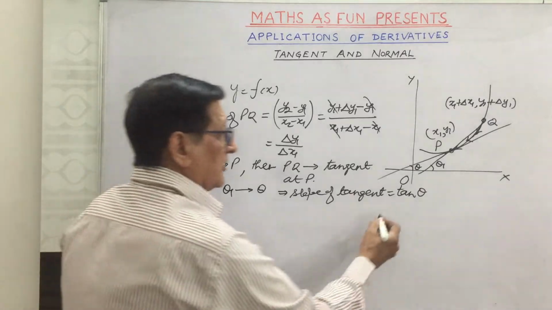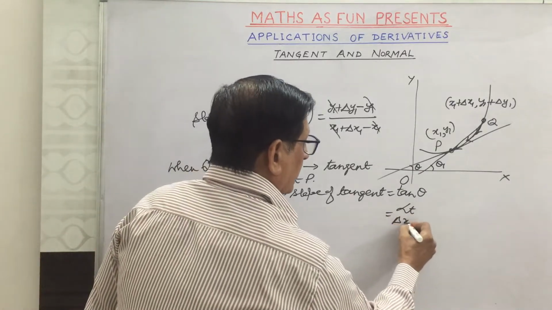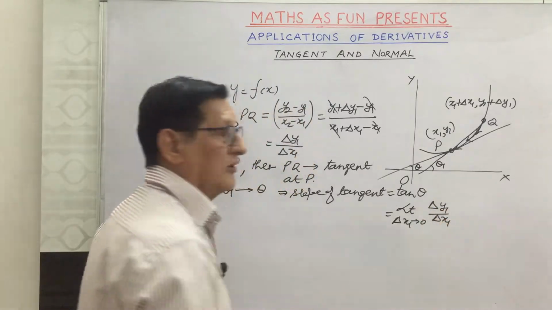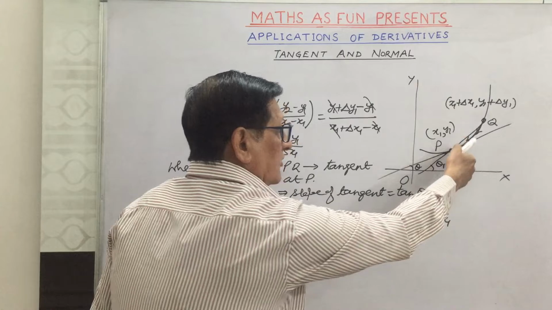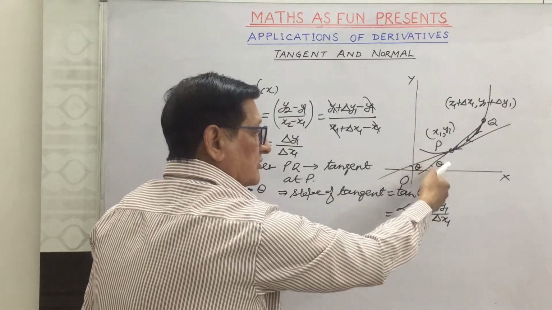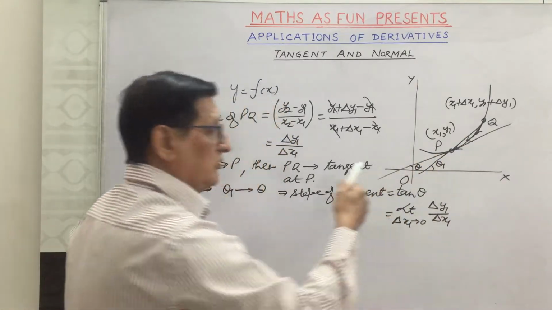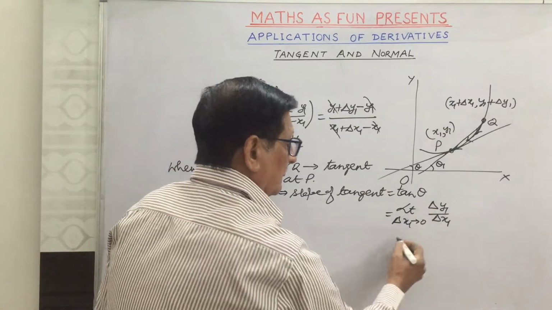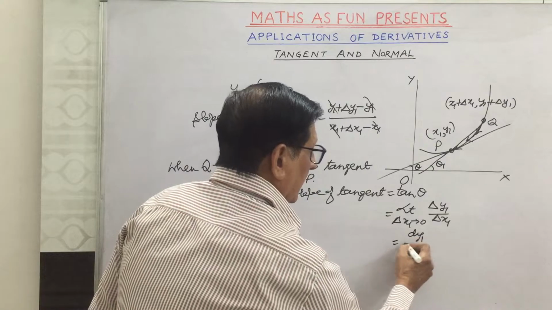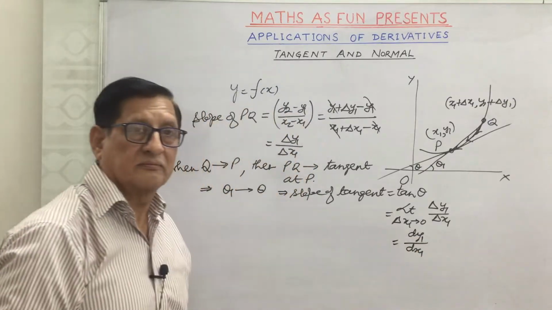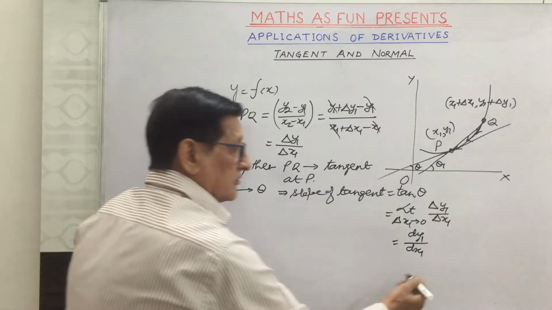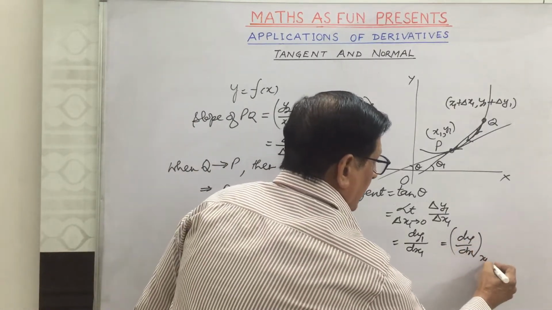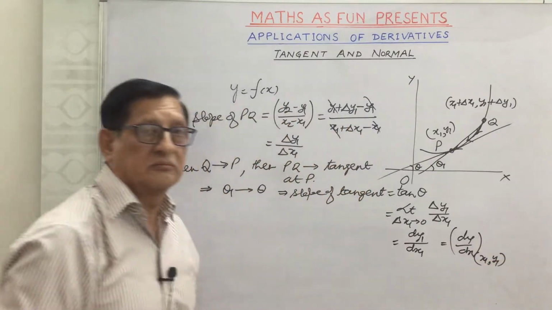And this tan theta is limit delta x1 tends to 0, delta y1 upon delta x1. Why? Because when we are tending towards P, certainly delta x1 will be tending to 0. And we know this is the definition of dy1 by dx1, which is the derivative of y with respect to x at point (x1, y1).